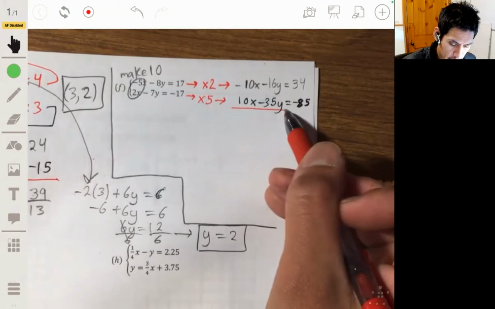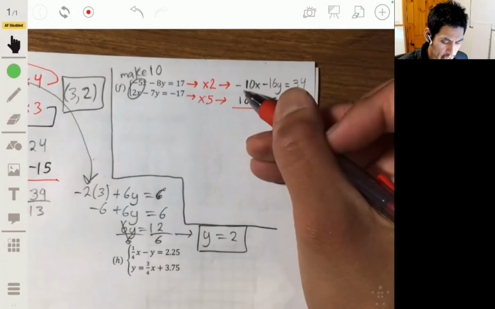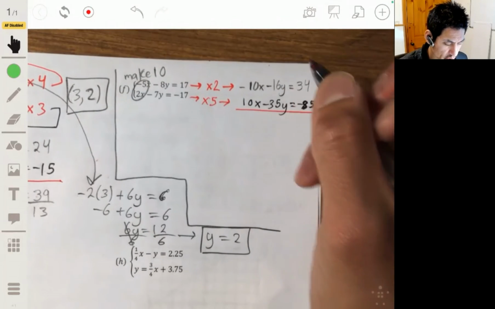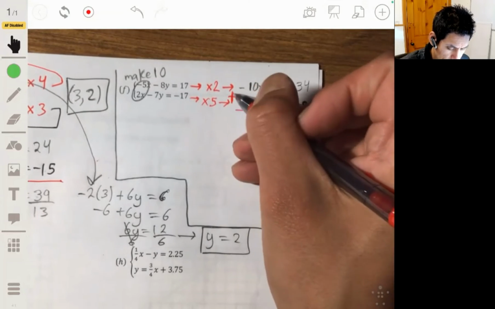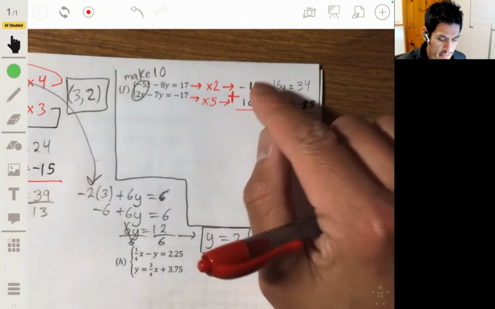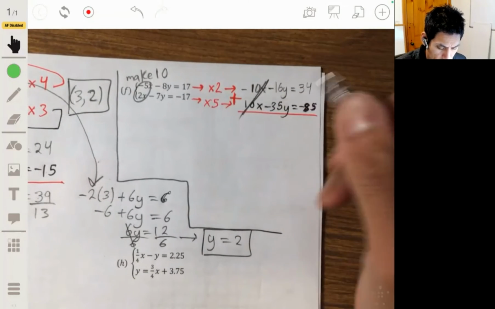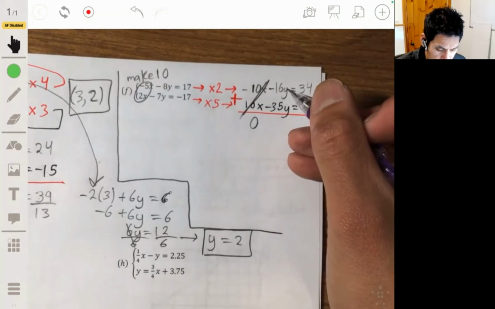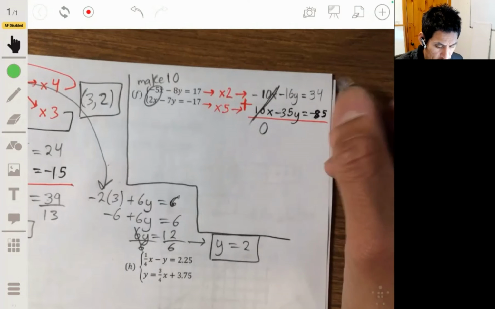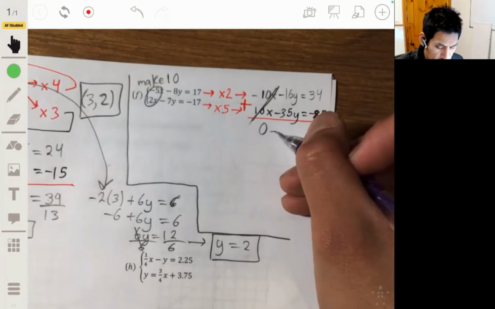And I'm going to add these because a negative and a positive cancel when you add them. Negative 10x plus a positive 10x, those go away, 0. Negative 16y plus negative 35y, negative 51y.